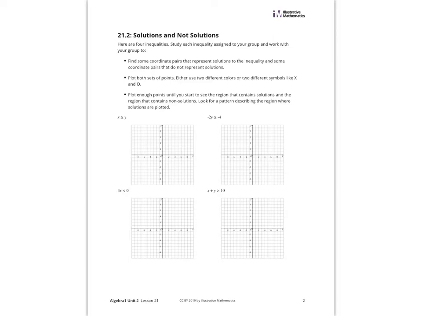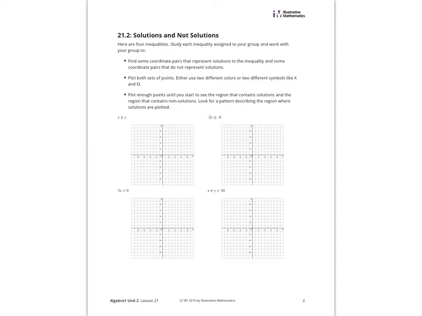All right, in this next activity, you are given 4 inequalities. What you need to do is study each inequality. You can choose 2 of your liking because we're not working in groups right now. Just choose any 2 you want. And go ahead and find some coordinate pairs that represent solutions to an inequality and some coordinate pairs that do not. When you plot the points, I would use 2 different colors, maybe green and red, to help you identify.